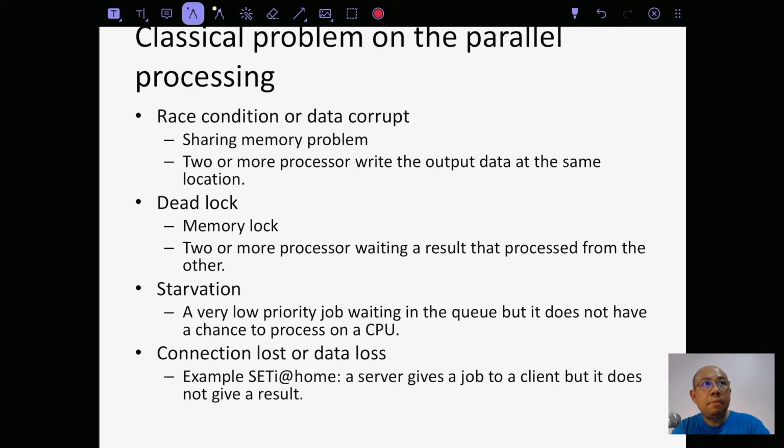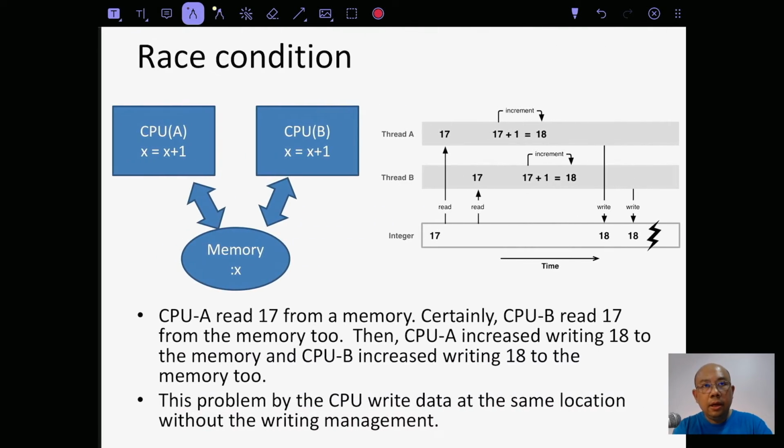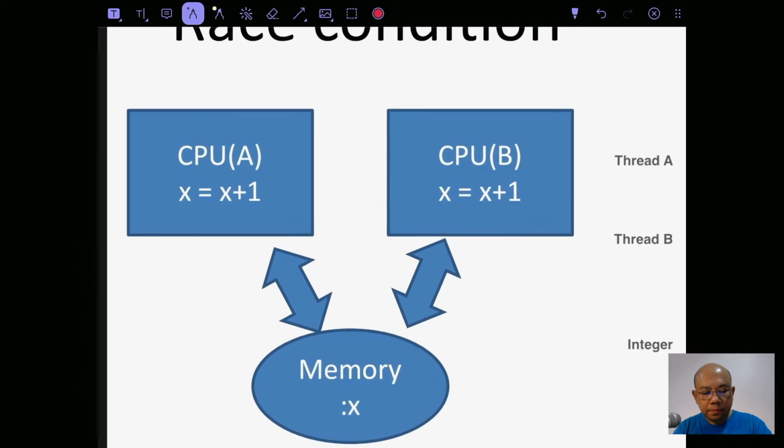The first problem is called a race condition. A race condition is a problem of sharing memory, where two or more processors connect and write their output to the same location. What is a race condition? Look at this picture.